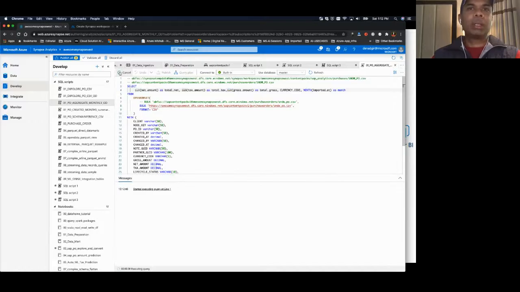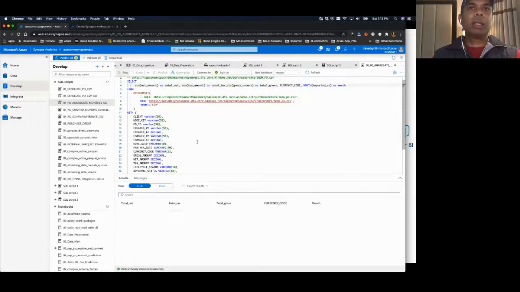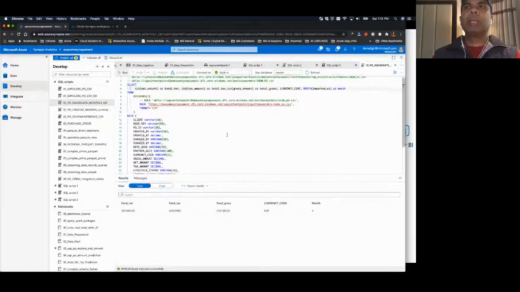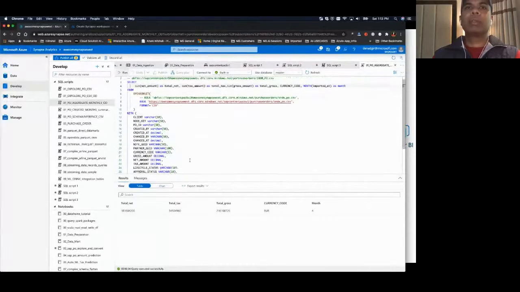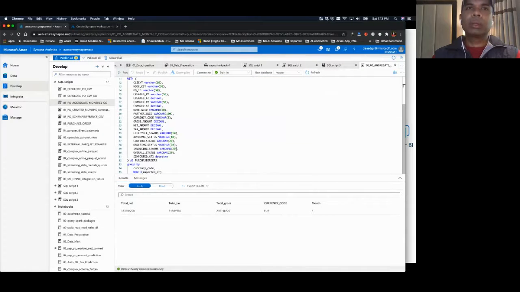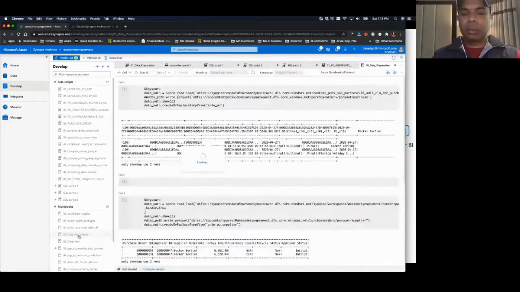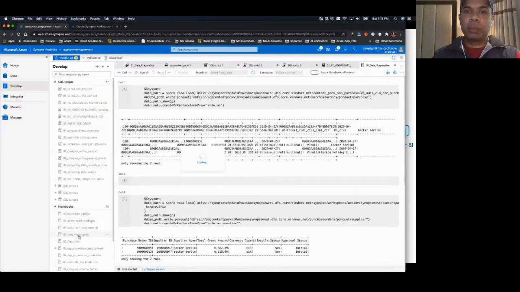As you can see over here, this is a very simple aggregation that I'm running on about 181 million net parts, looking at different aggregations and different groups within SQL, right? So this is one part. The second part, from a data engineering standpoint, is to be able to use Spark for preparing your data.